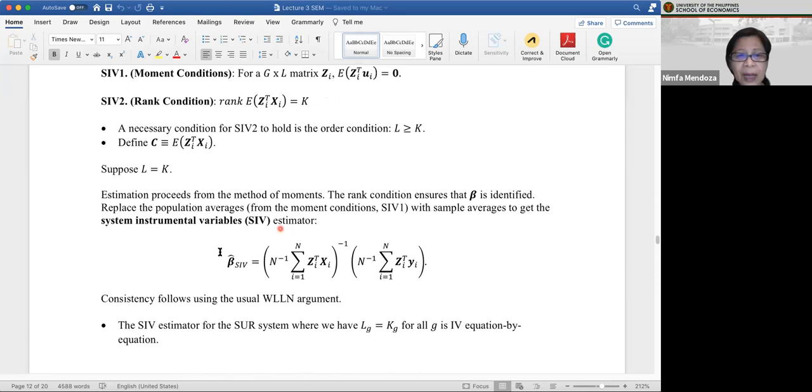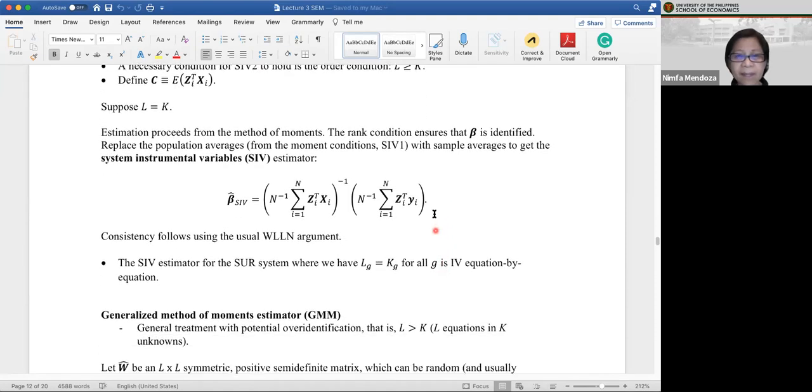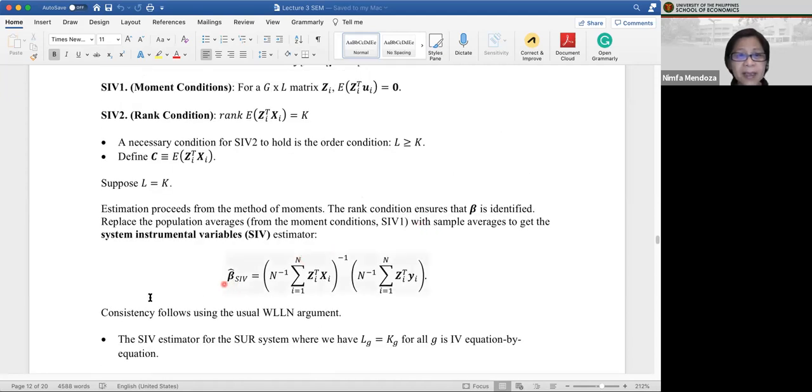If you look at the system IV estimator, the formula is very similar to what we have for the single equation IV estimator, which is C transpose X inverse C transpose Y. The limitation though of the system IV is that L should be equal to K. In Stata, you would be using the IVReg command here.